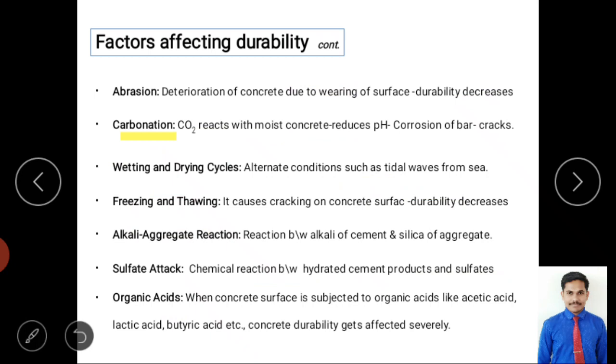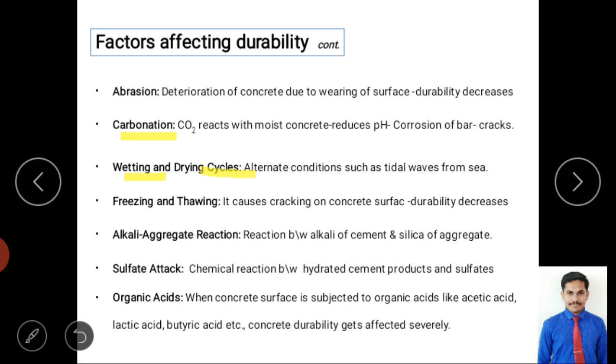So next we'll go for the wetting and drying cycle. It is a cycle between wet or moisture condition and drying condition. Where will you get these kinds of actions frequently? In coastal areas or at the boundary of the sea. For example, when you are constructing sea barriers with concrete structure, it will get the repetitive cycle of wetting and drying conditions, right?